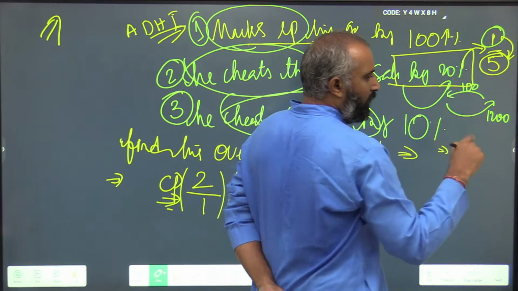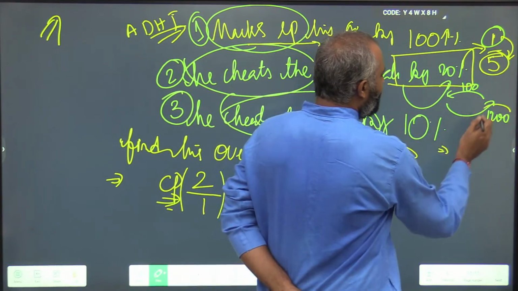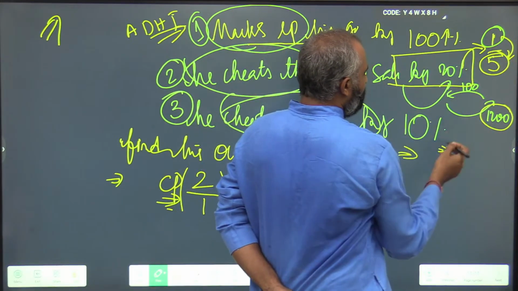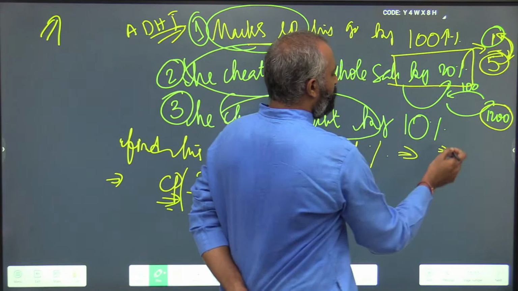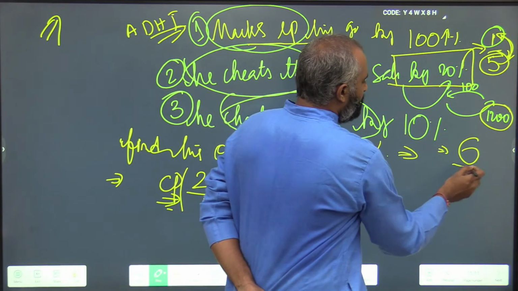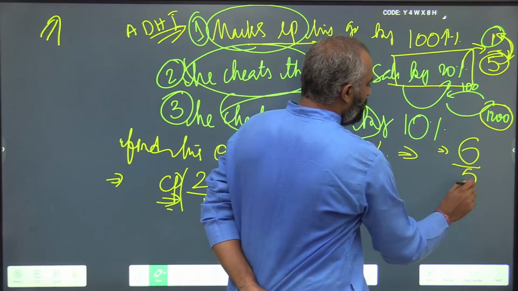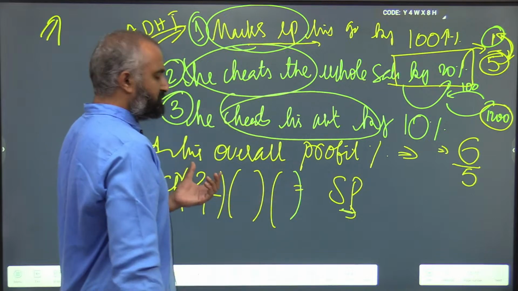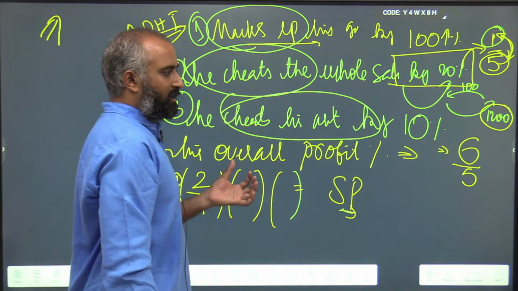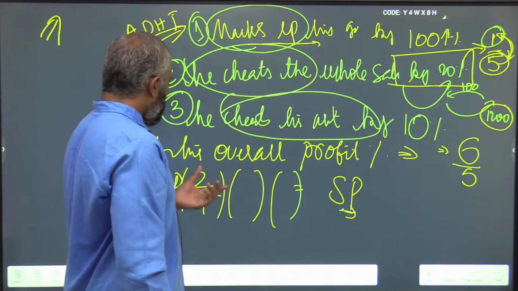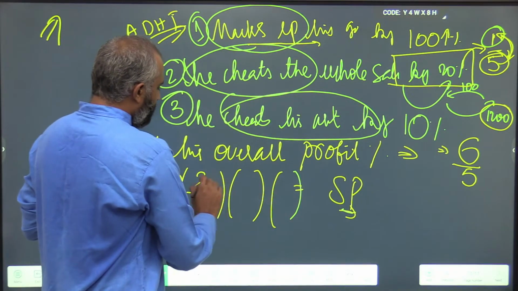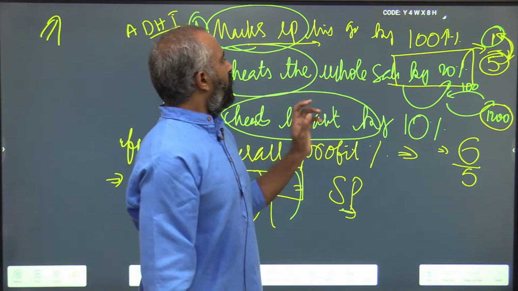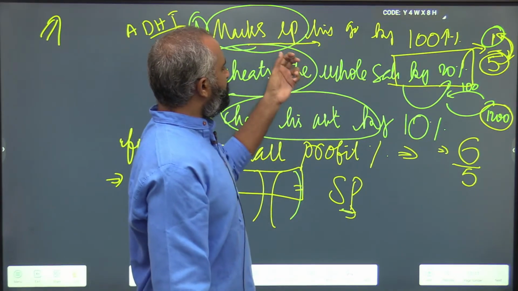How does he cheat the wholesaler? He will take more than he has paid for. Out of 5 units, he is cheating by 1 unit. That means he is taking 6 units, but he is only paying for 5 units. Take this as a crude sign or a mnemonic: whatever is present in the numerator is the quantity that the shopkeeper has.